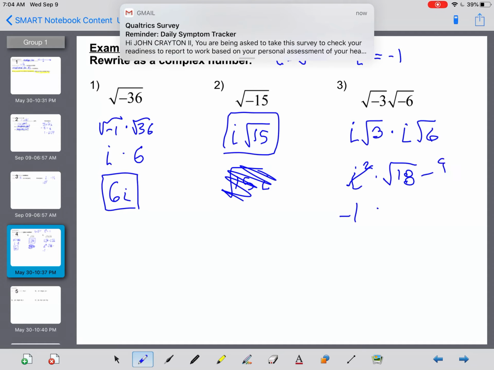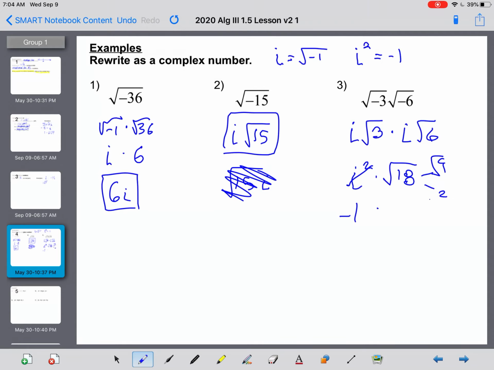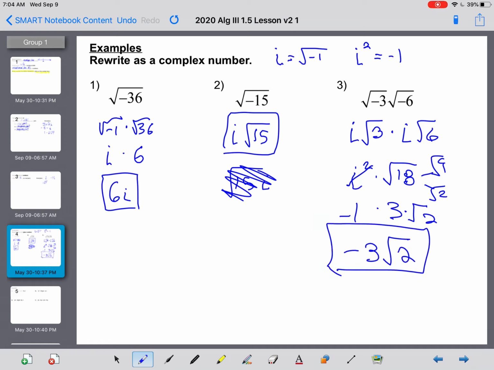This I can split into 9 and 2, but root them, so I get 3 times root 2. And so my final answer is negative 3 square roots of 2. And again, you could shorten that up a little bit if you'd like, but the main thing is to identify that these are imaginary parts, even though this final answer does not have any imaginary parts.